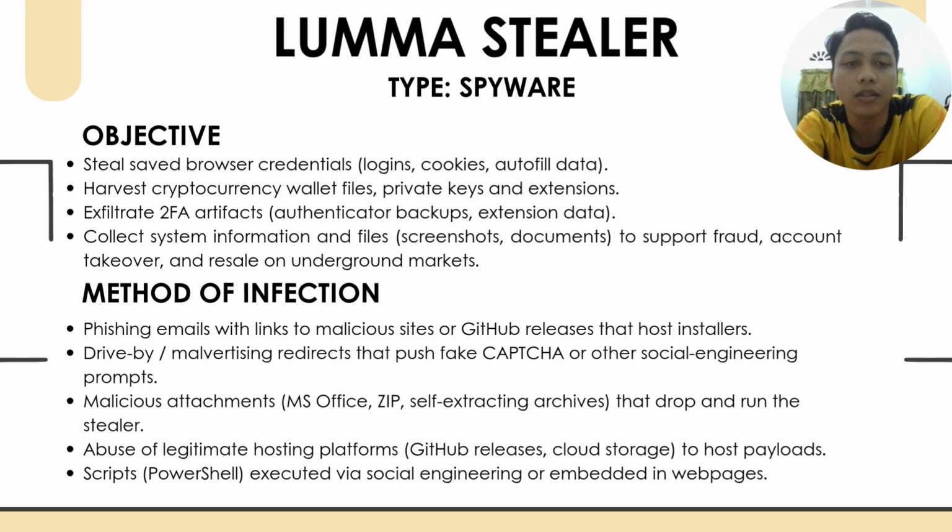Malicious attachments like MS Office files, zip files, or self-extracting archives that drop and run the stealer. Abuse of legitimate hosting platforms like GitHub releases and cloud storage to host payloads. Scripts like PowerShell executed via social engineering or embedded in a web page.